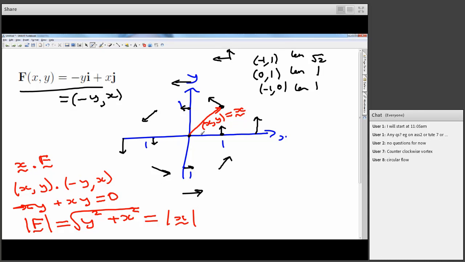So how fast it's flowing is determined by how far away it is from the origin. So they're flowing in circles. If you dropped a leaf in anywhere, so here for example, it'd end up flowing in a circle.